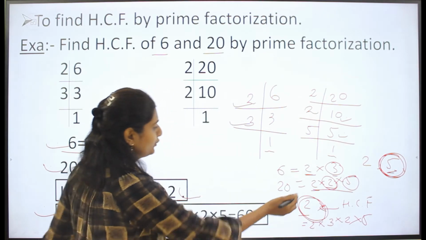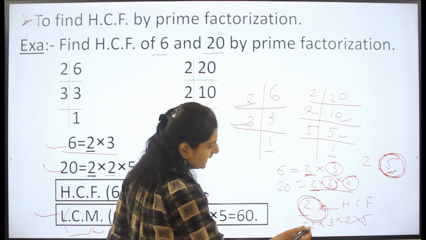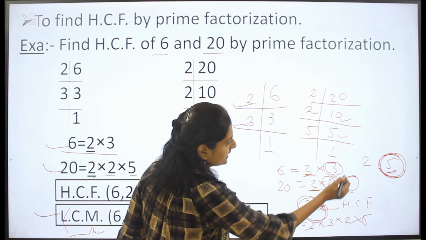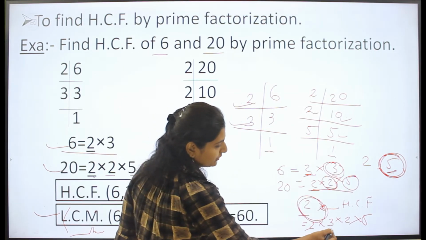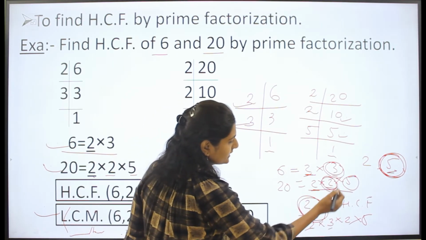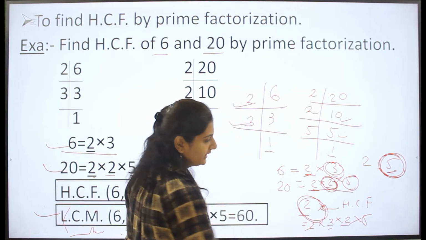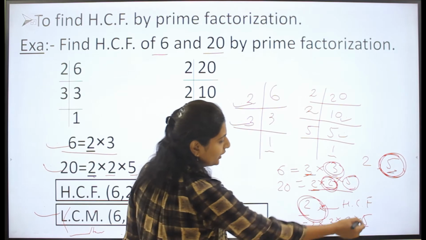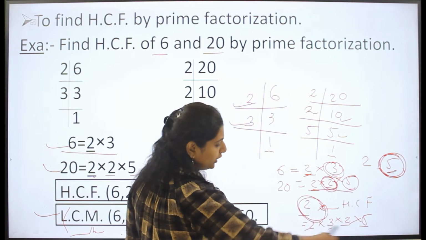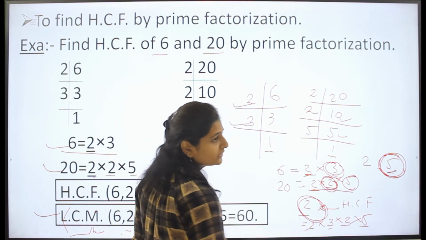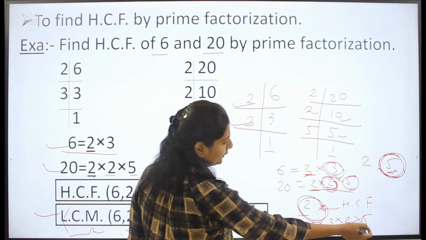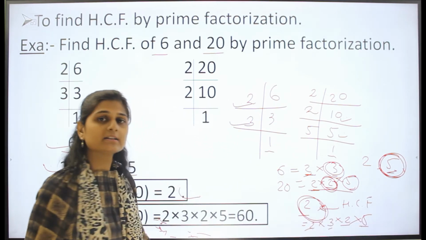As you can see, 2 is common among these, that we have taken, but this is coming only one time, so we have taken 3. Again this is coming only one time, so again we have taken 2. This is coming one time, so again we have taken it, and you have to multiply all of the values, so you will get 2 3s are 6, 6 2s are 12, and 12 5s are 60.